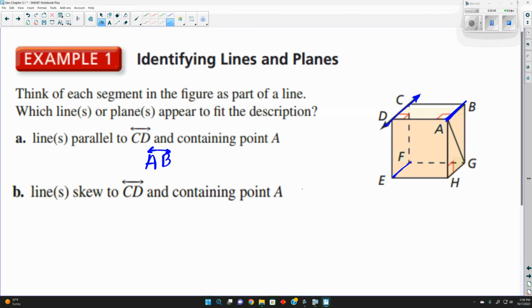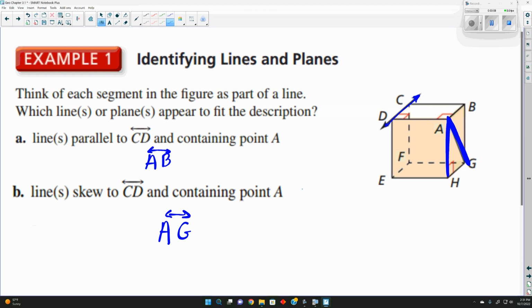Lines skew to CD and contain point A. For it to be skew, it can't intersect CD and it cannot be in the same plane. AG, yes. This one here, we can actually have another one because AG would work. What else would work?